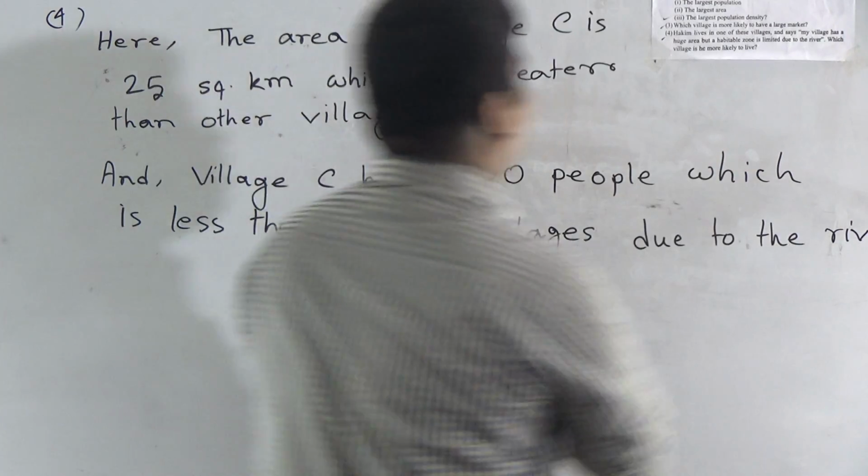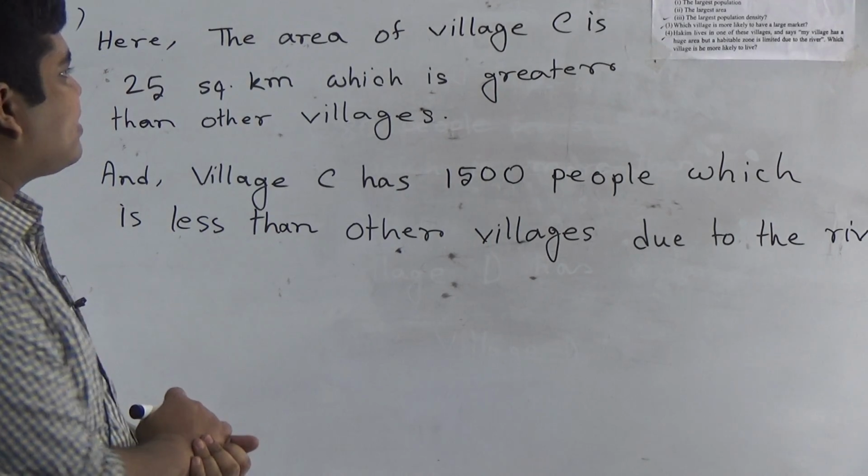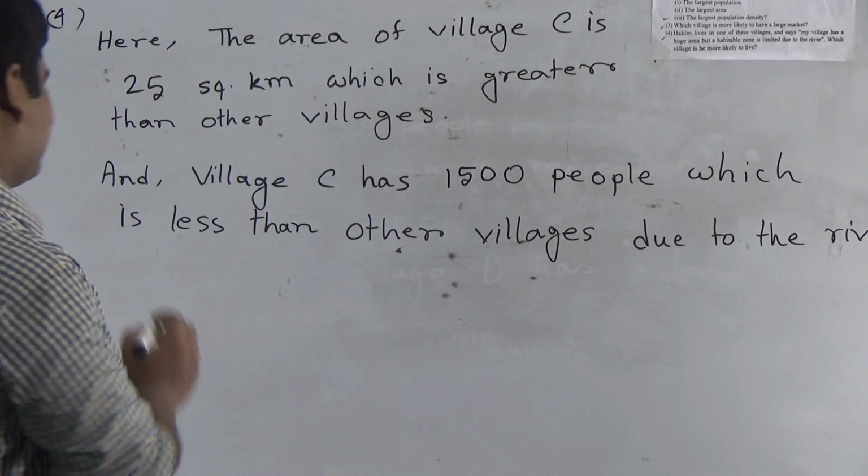I hope you have understood. So, by these two pieces of information we can easily say that Hakim lives in village C.